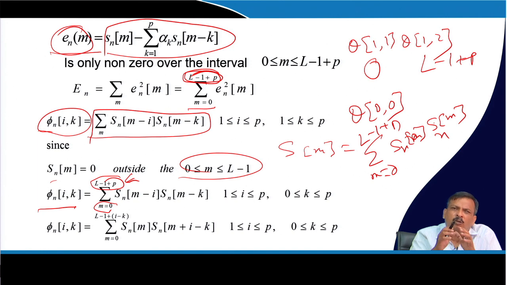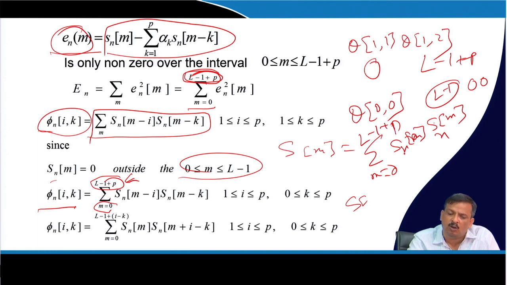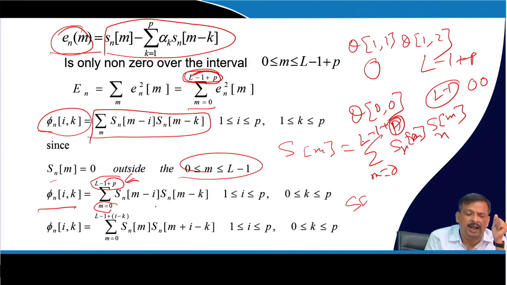Now, if you compute it, outside the window of L minus 1 the signal is 0. So if I say S of m, although the range is L minus 1 plus P, outside the window the signal is 0. Let us say I consider m minus i as m.